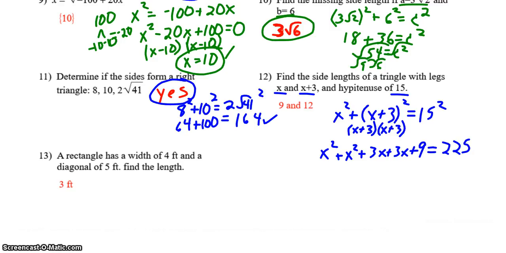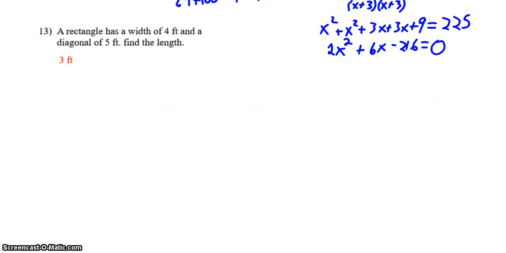You'd bring your like terms together, and this would become 2x squared plus 6x minus 216 equals 0. Now, we take out our GCF of 2, and this becomes x squared plus 3x minus 108 equals 0.